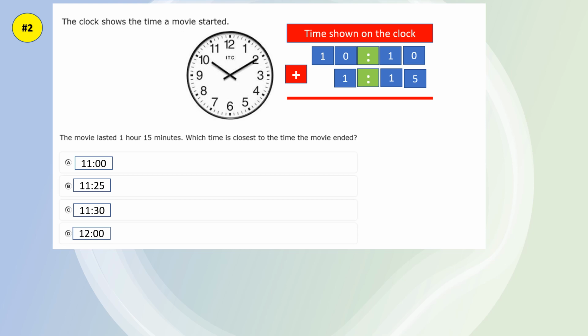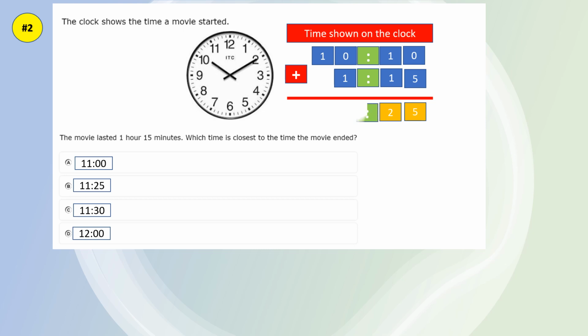Now, as always, even with time and regular numbers, we start with the ones place. So what's 0 plus 5? That's right, it's 5. And what's 1 plus 1? Good, it's 2. Now, just like we bring a comma down when we're adding 4-digit numbers, the colon has to be in the right place also. Everything has to stay lined up.